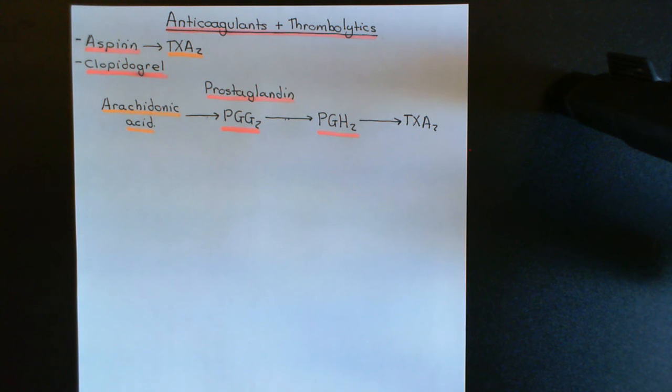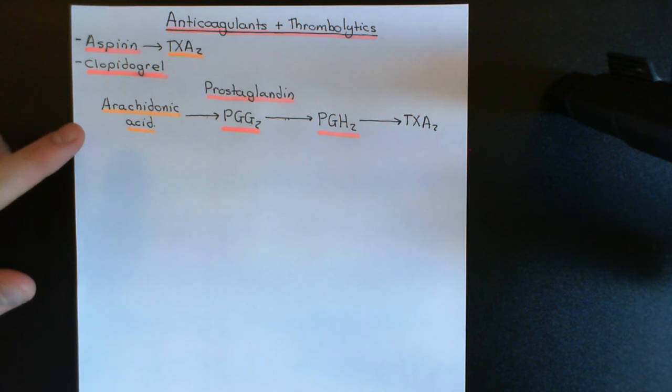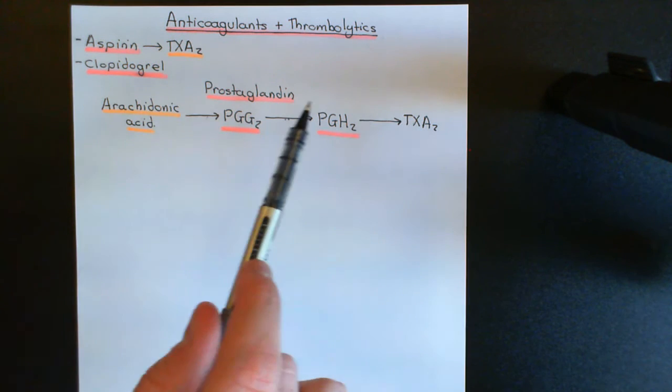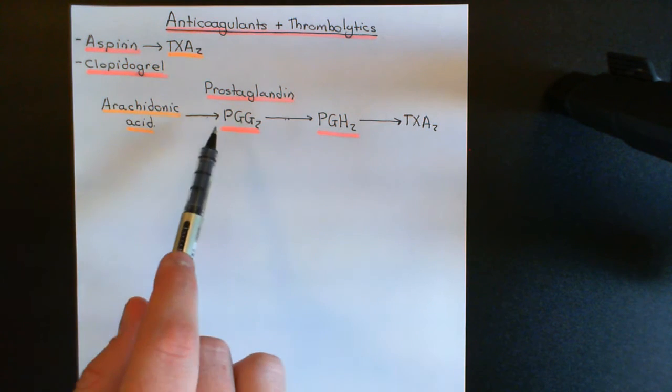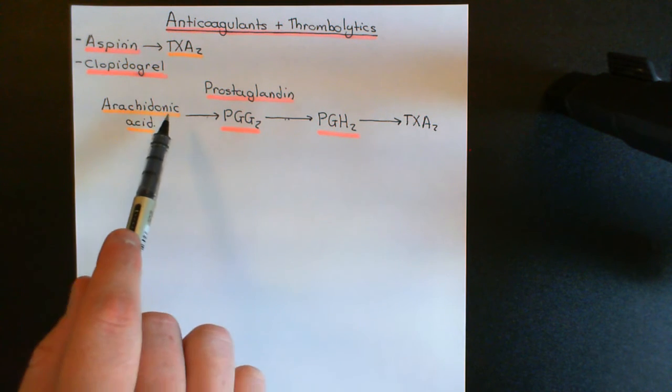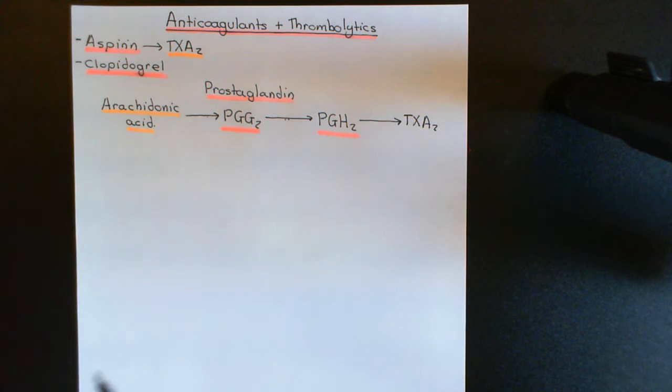Okay, so to summarize, in these platelets you'll be producing arachidonic acid. So in activated platelets, they start producing arachidonic acid, and then they start converting this into thromboxane A2. But to convert it into thromboxane A2, you have to firstly convert it to prostaglandin H2. And to convert it to prostaglandin H2, you go through prostaglandin G2.